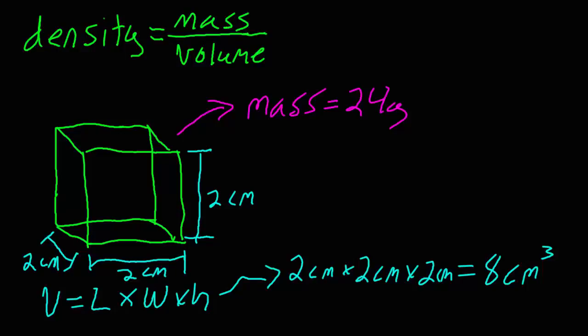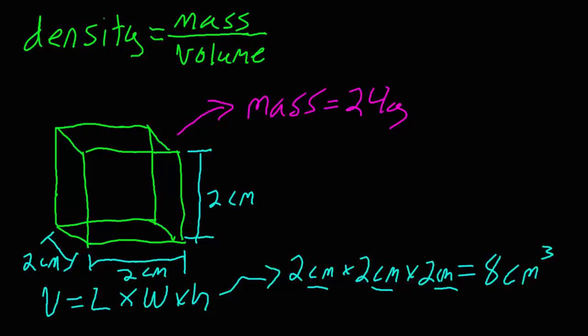So that means that we multiply centimeters times centimeters times centimeters. That means your units are centimeters cubed. Units work just like numbers when you multiply them, right? If I took 2 times 2 times 2, that's really just 2 cubed, or 8. Same thing with the centimeters. Centimeters times centimeters times centimeters is centimeters cubed.